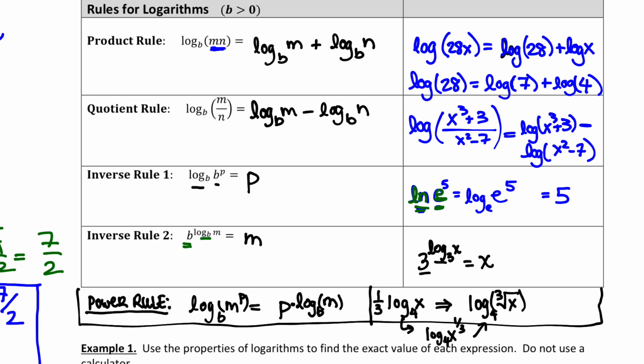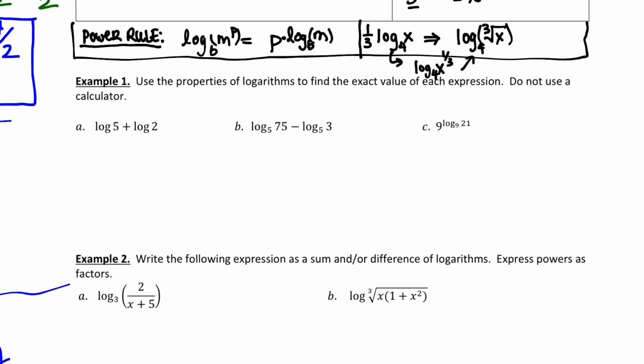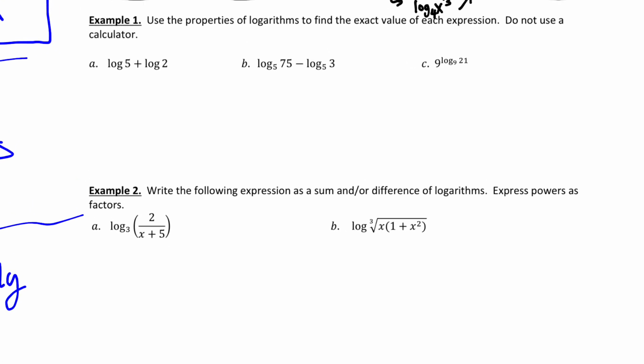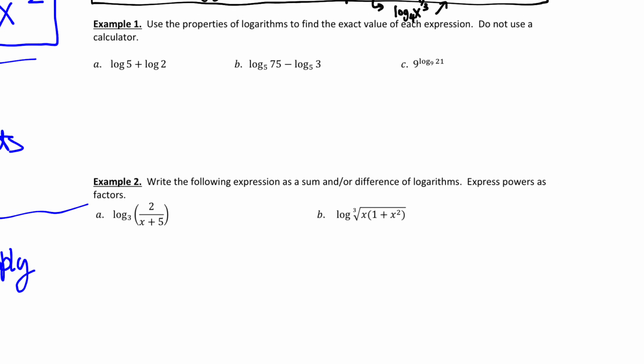Okay? So the first one is to rewrite so that you can evaluate without a calculator, and the second one is to write them as sums or differences of logarithms. If you're not quite clear on the instructions, let me know.